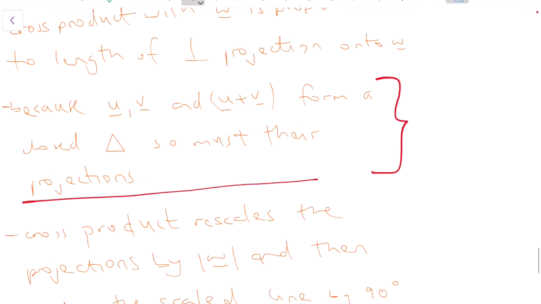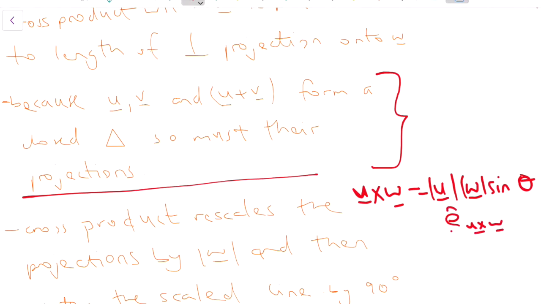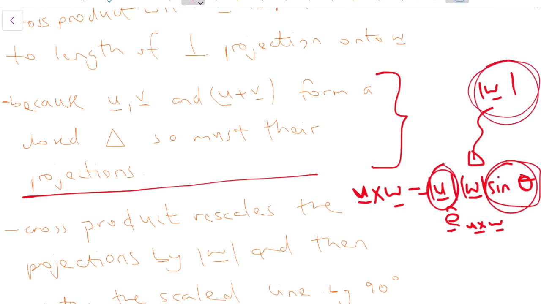Remember the cross product u cross w equals |u||w| sine theta, and then it has some direction. Essentially we rescale the projection by w, so the projection is |u| sine theta, and we rescale by |w|. And then we rotate the magnitude of the area that we obtain.